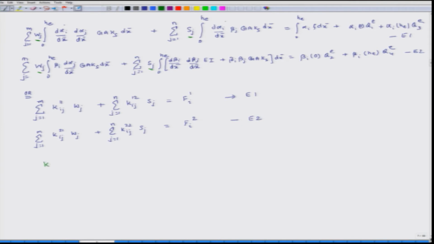Now I will define K I j 1 1 equals this term, then this is K 1 2 I j.